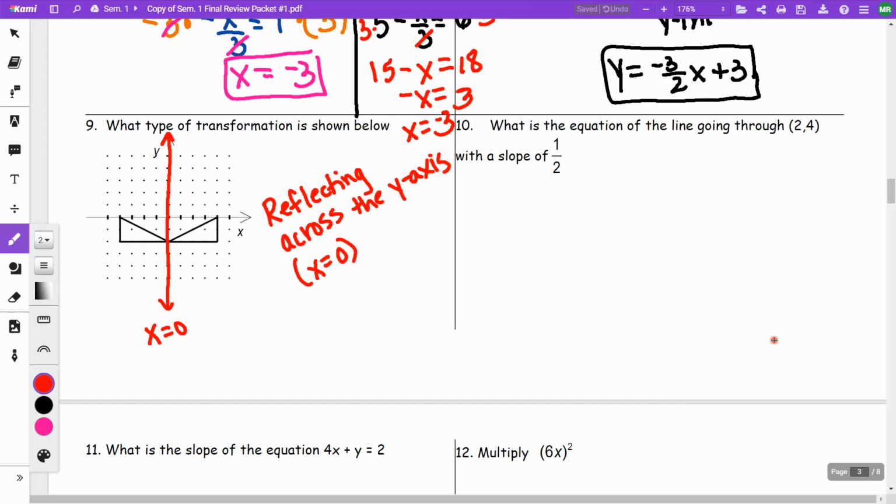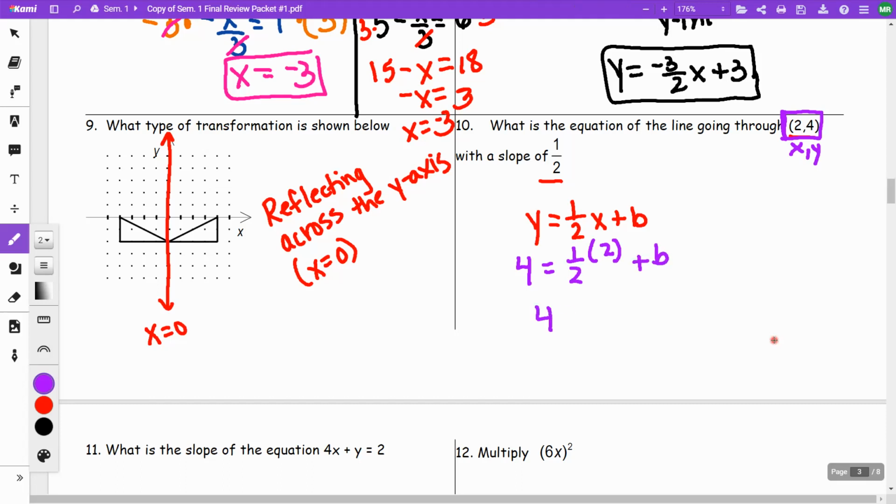What is the equation of a line that goes through (2, 4) with a slope of 1/2? So I'm going to go y is equal to 1/2 x plus b. And I am going to substitute this point, 4 for my y, 2 for my x, because this is x, y, plus b.